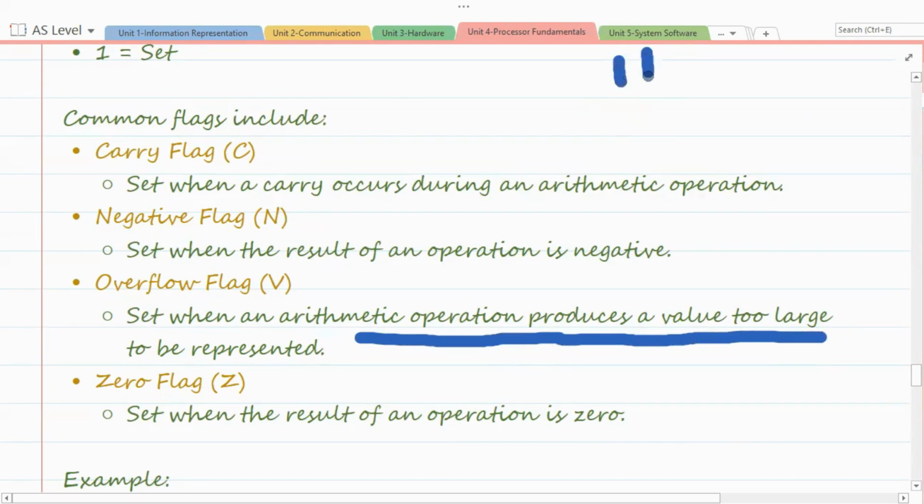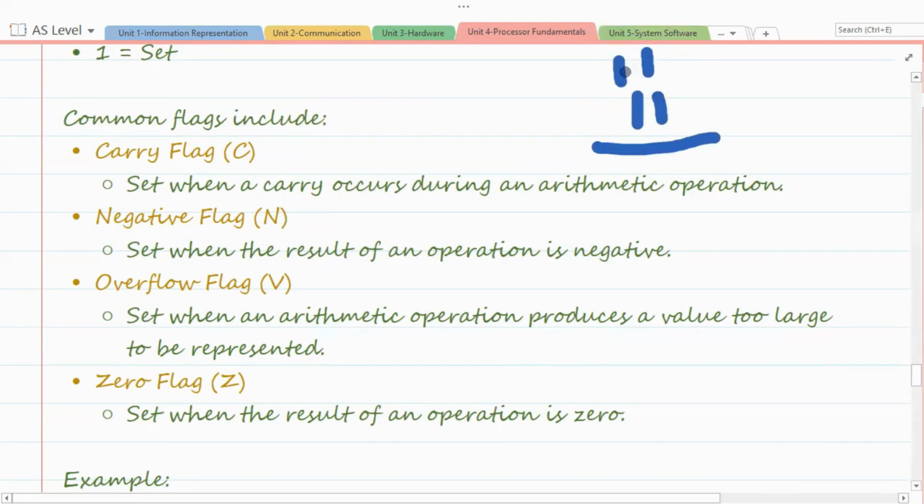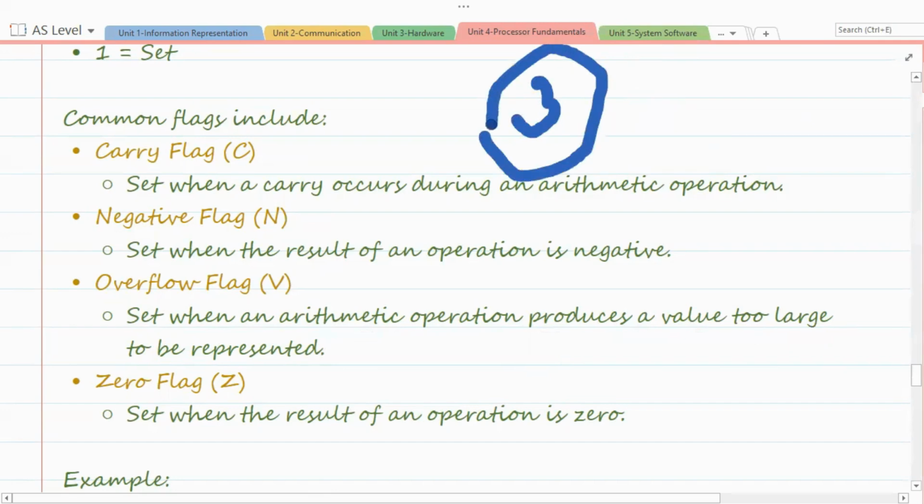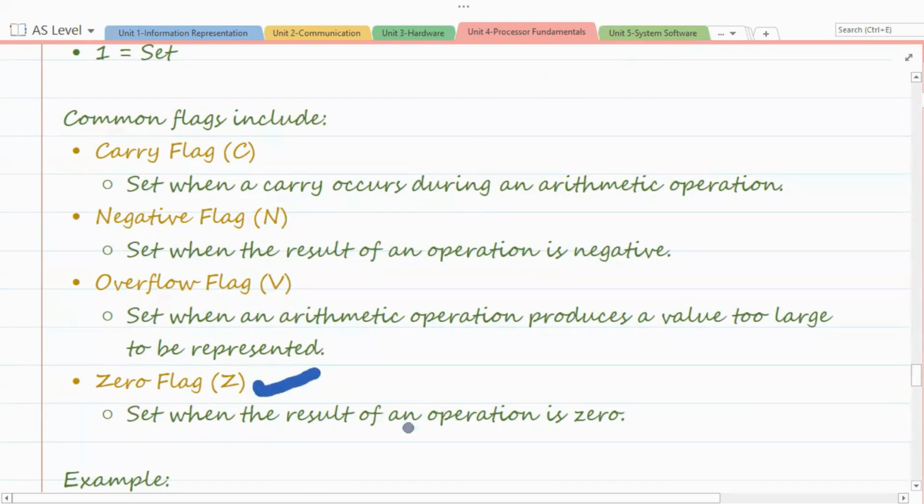So if you are adding two numbers, and your register has 2 bits of space, but your answer is coming in 3 bits, that means you have an overflow. In that case, overflow flag is set to 1. Then we have zero flag. Zero flag is set when the result of an operation is 0. Simple. If your result is 0, zero flag is set to 1.